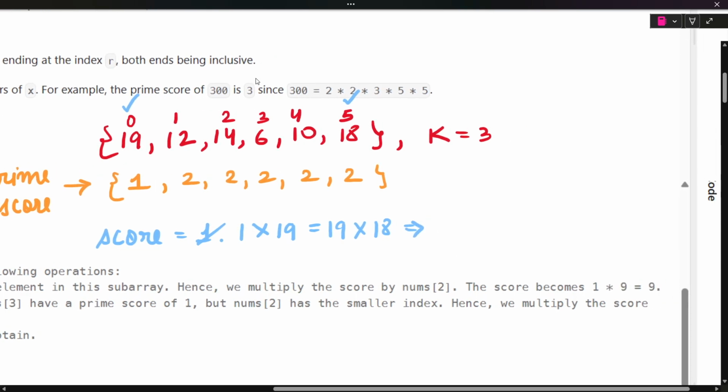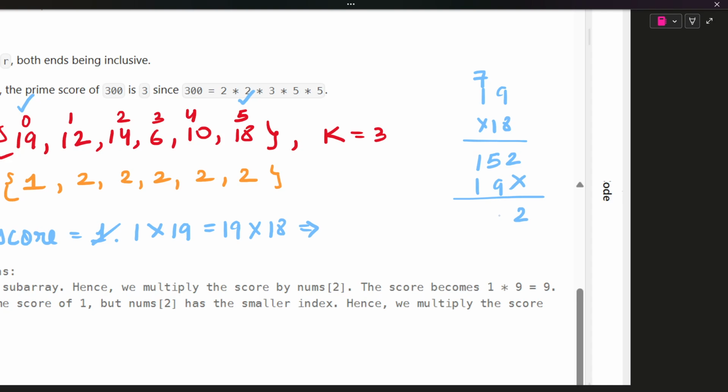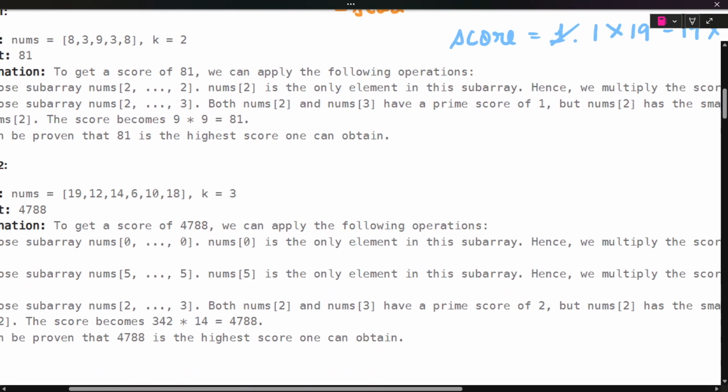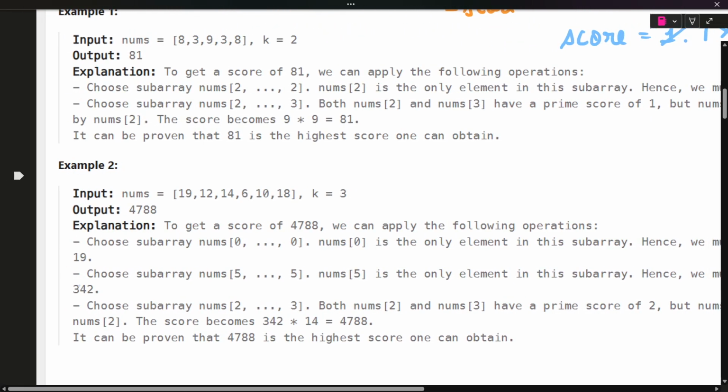So what will be our answer? Let me just calculate it. 9 into 18: 8 nines are 72, 72 plus 7 is 79. 18 into 19: so 9 times 19 plus 19, which is 342.